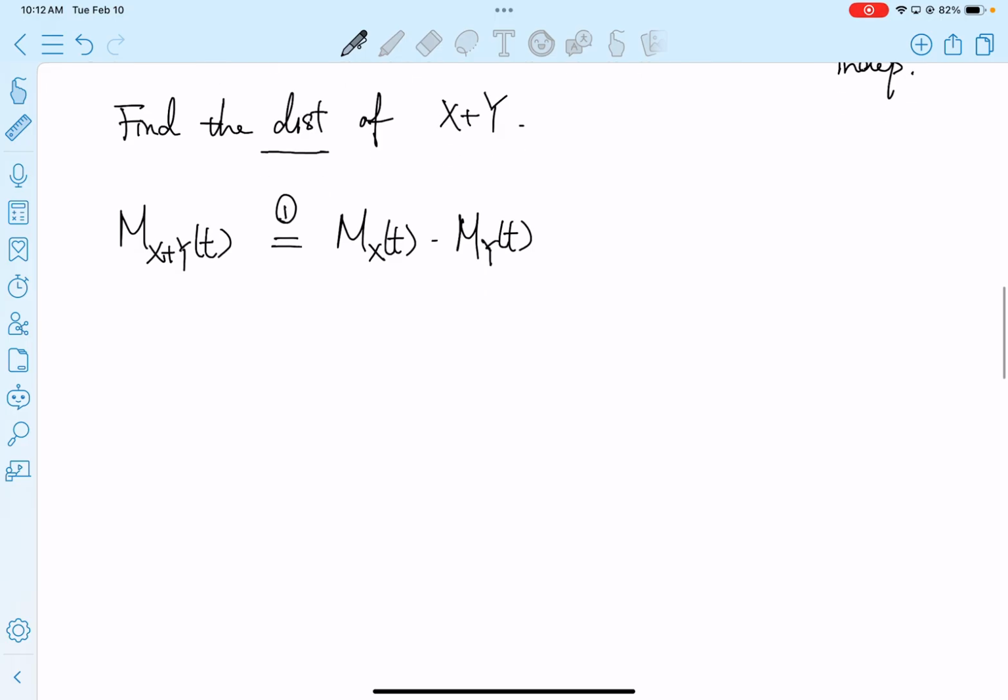Last time we wrote down that the moment generating function for the normal is exp of t mu plus 1/2 t squared sigma squared. Here we plug in the corresponding parameters, mu1 and sigma 1, and multiply by the same form with the new parameters mu2 and sigma 2.